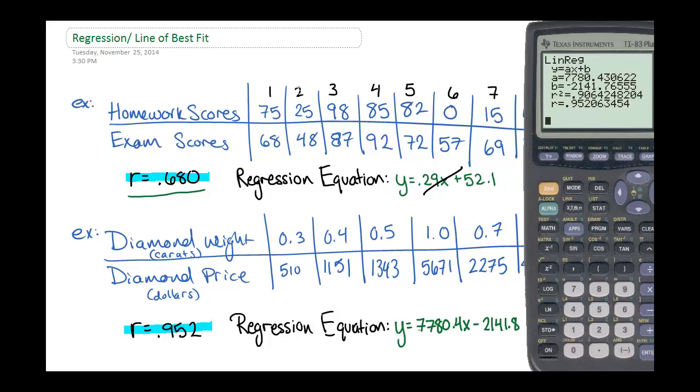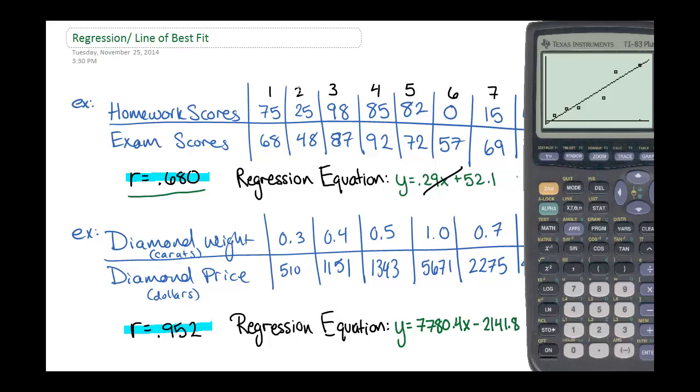Okay, and again, if we want to see this visually, we could graph this line along with the data. So I've just entered the equation here, and we already have the data plotted. I've already adjusted the window. So here's our data, and here's that line of best fit. We can see that visually these points lie a little bit more along this line. It's still not a perfect fit.